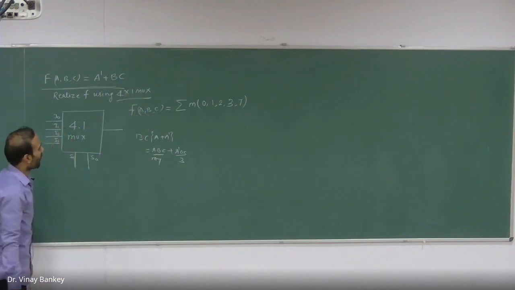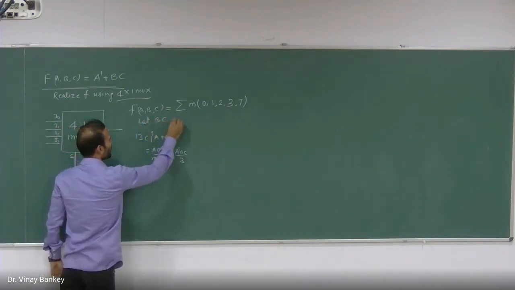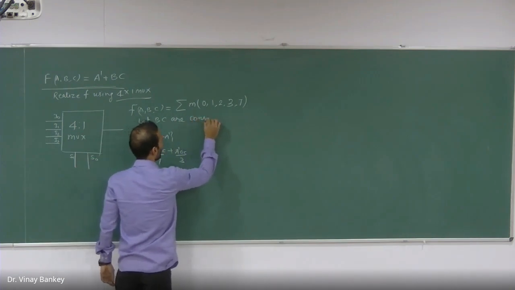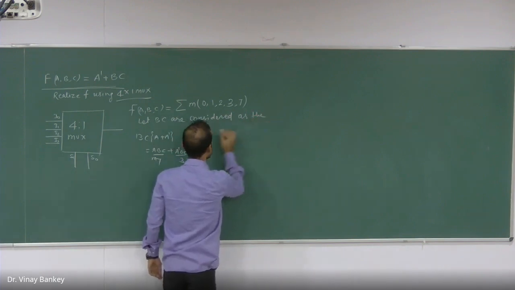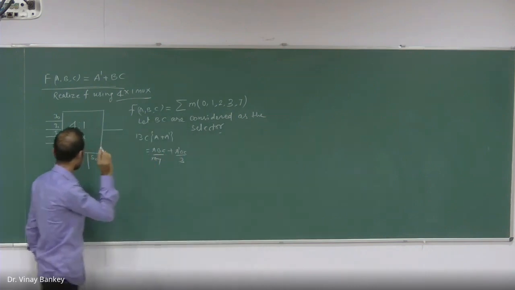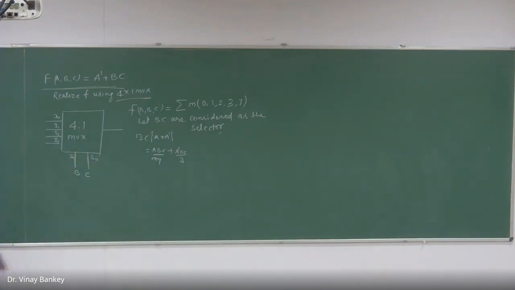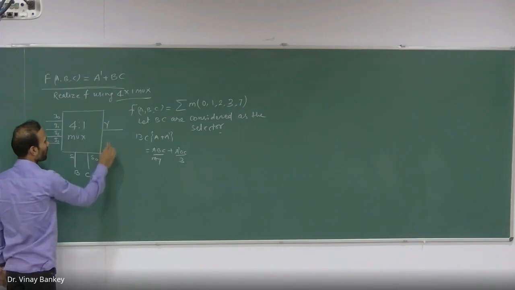Now I consider that B, C are these selectors. So here I will put B and C. Let's suppose this is y. So how do you write y?